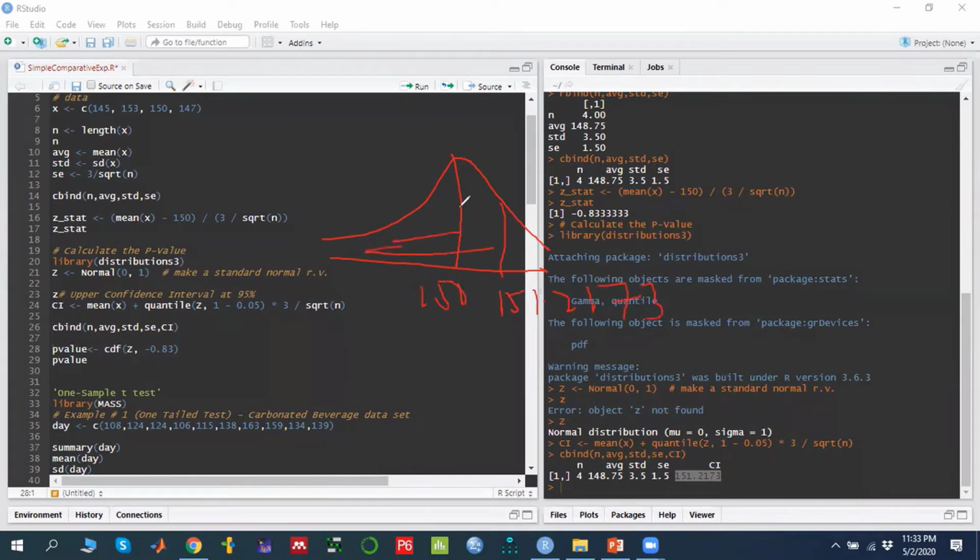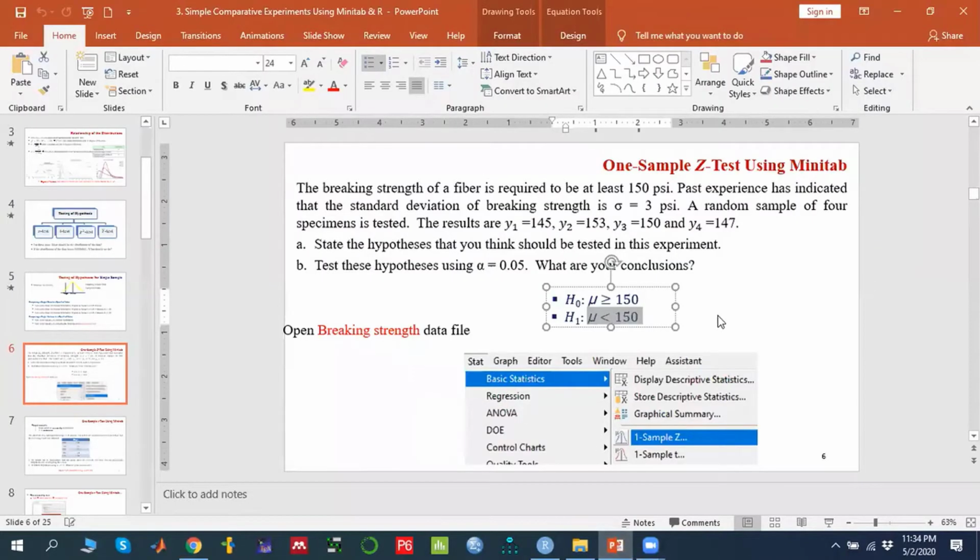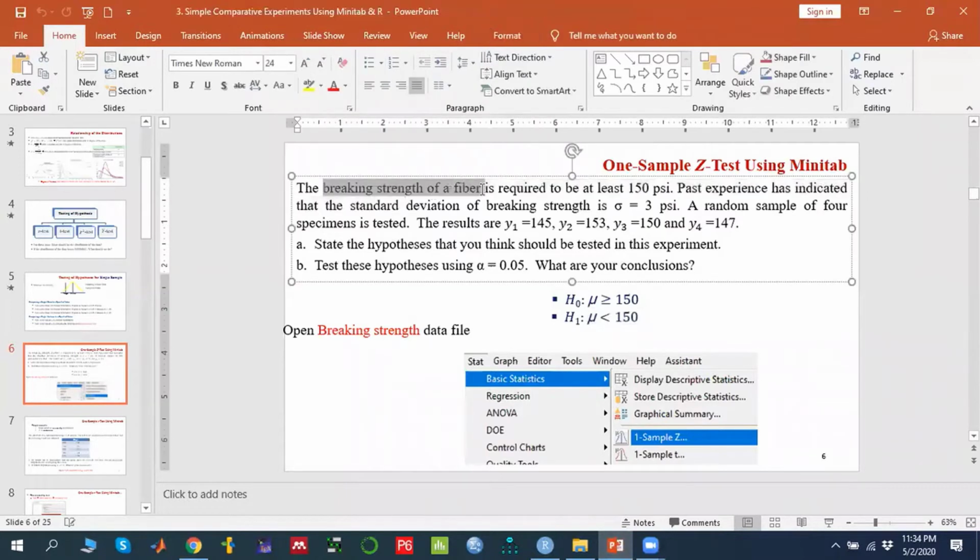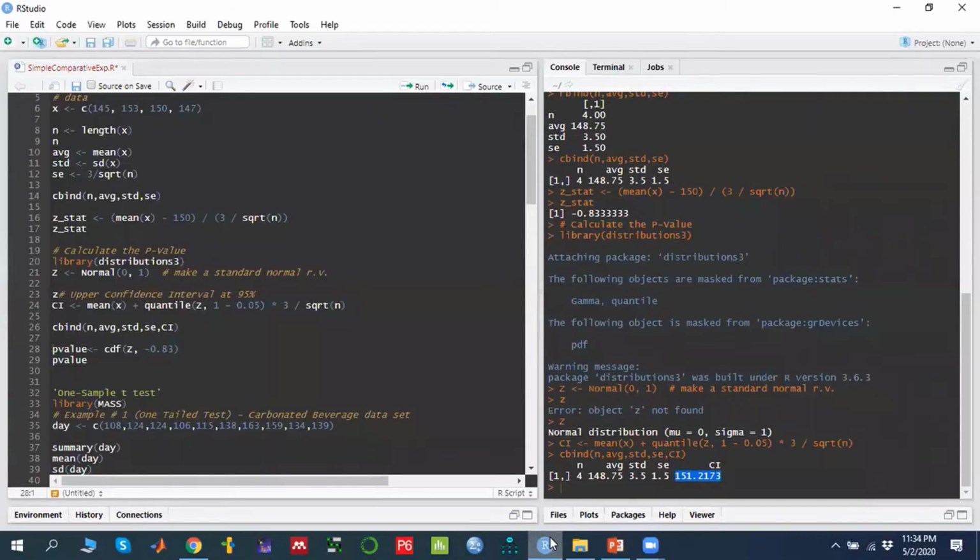This region is called the acceptance region because the population mean is lying within the acceptance region. So we will say accept H naught. Accept H naught, that means what? That means that the breaking strength of a fiber is at least 150. So that means it would be 150 or more than 150. It cannot be less than 150. Okay, so that's accept H naught.